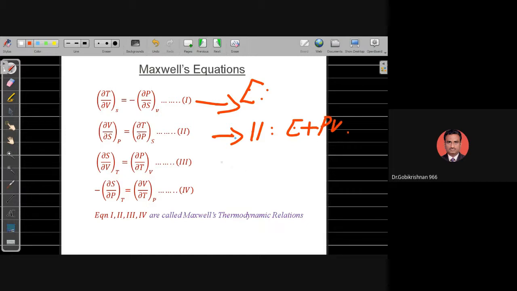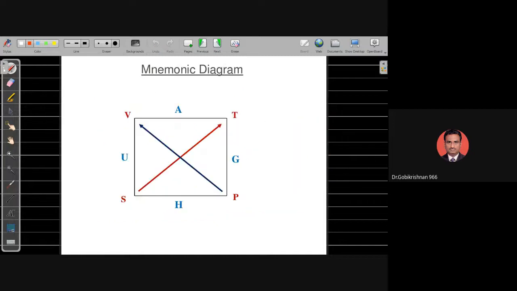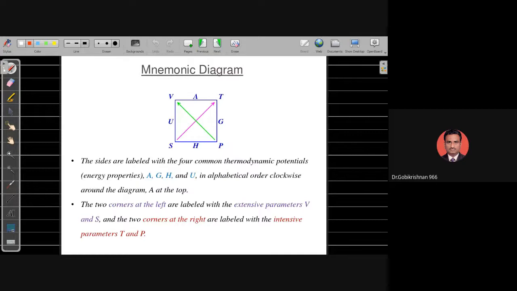The third one is A is equal to E minus TS. The fourth is G is equal to H minus TS. Therefore, we have to derive all these things. These are called the Maxwell's thermodynamic relations. This is the mnemonic form, a short form. How to use it.